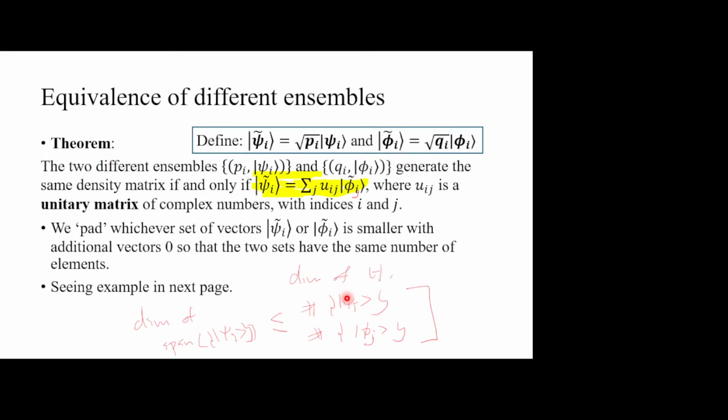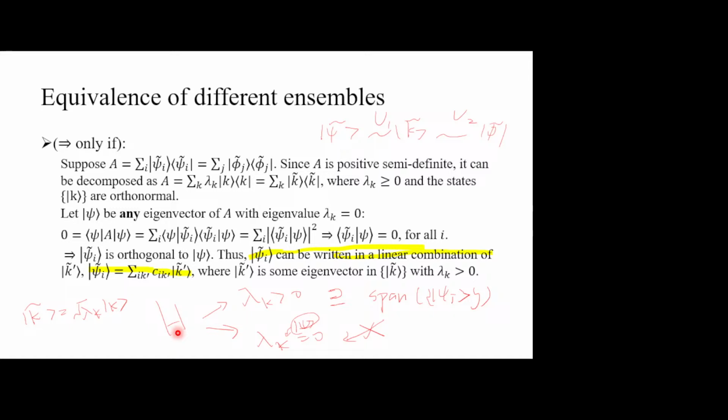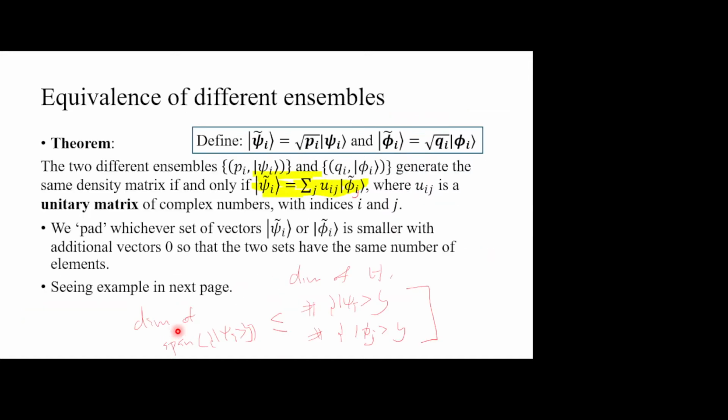So the length of the column is the number of psi's here, and the length of the row is the dimension of psi, which is k. It's the number of non-zero eigenvalues of A, which basically means the dimension of the span of psi.